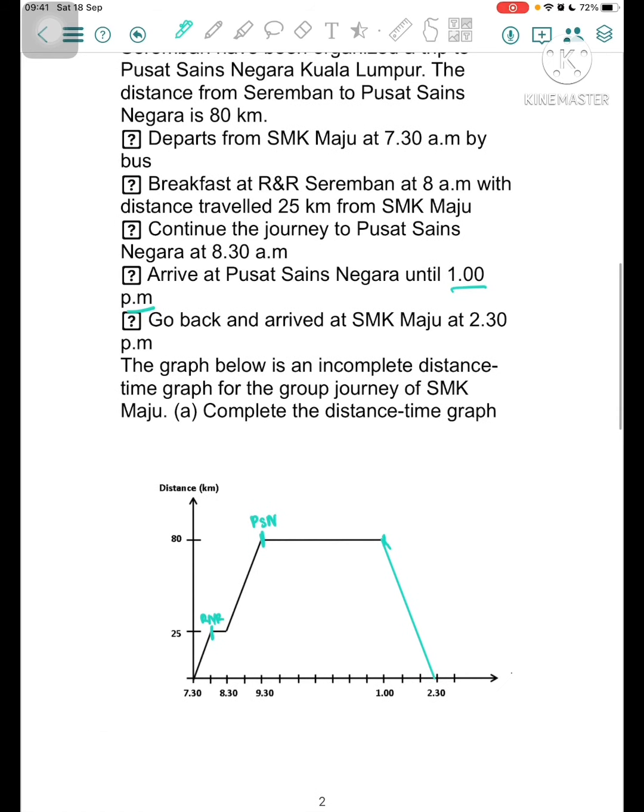See, statement 2, breakfast at R&R Seremban at 8 a.m. with distance travelled 25 km from SMK Maju, and arrive at Pusat Sains Negara until 1 p.m. So looking at the graph, this should be Pusat Sains Negara.